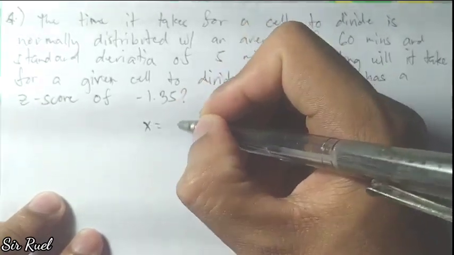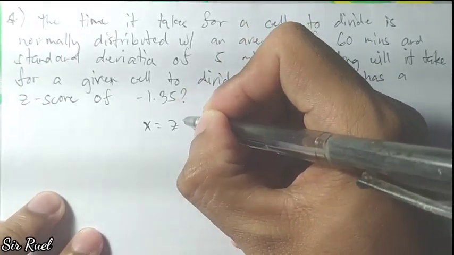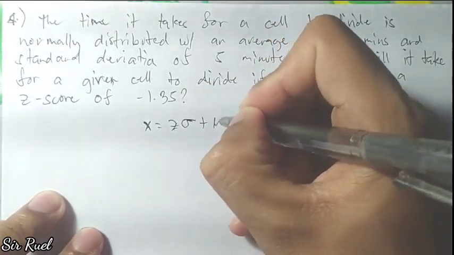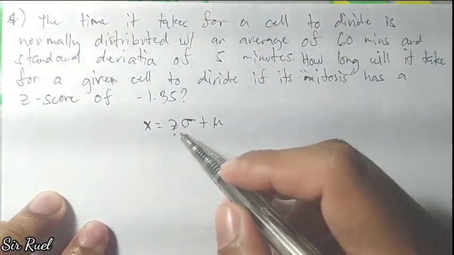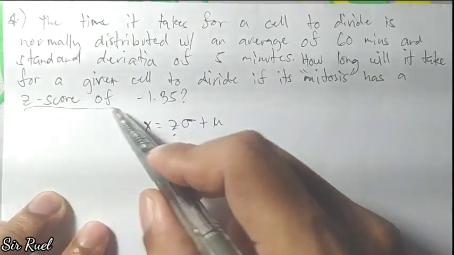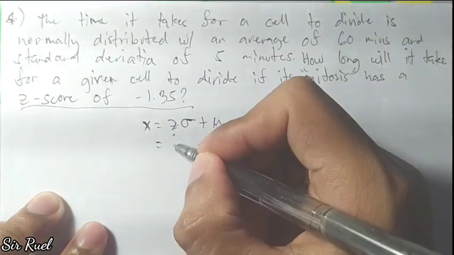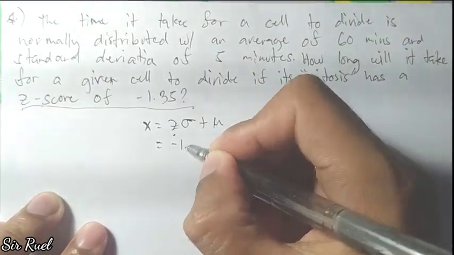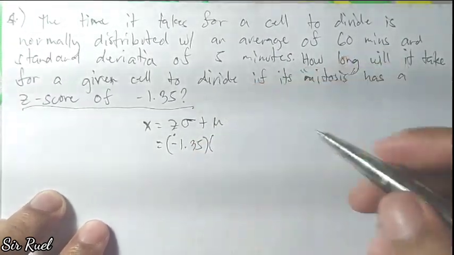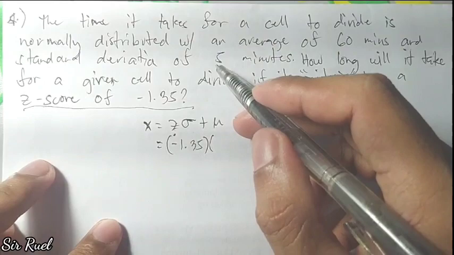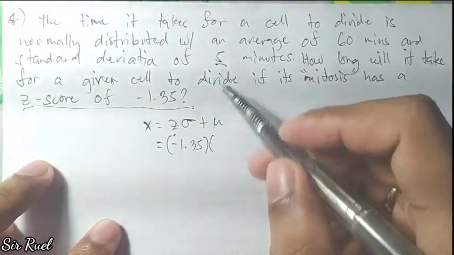X is equal z times standard deviation plus mean. Z natin sa problem ay z score of negative 1.35, times standard deviation of 5.